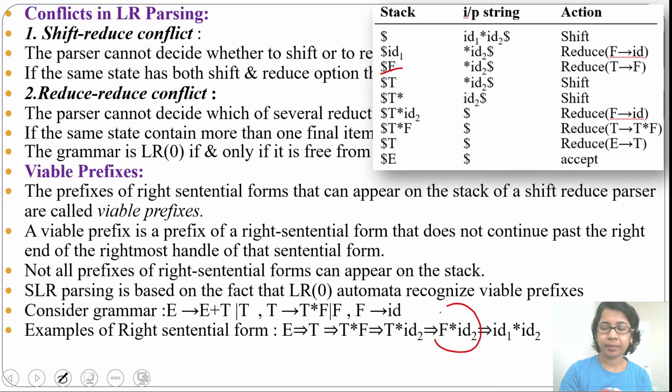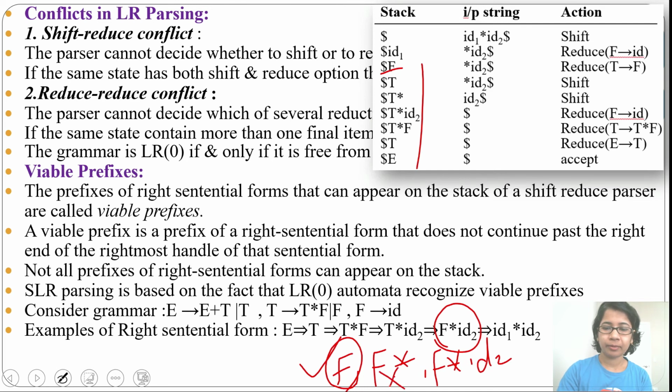From F multiplication ID2, F can be a prefix, F multiplication is a prefix, F multiplication ID2 is a prefix. But only F can be a viable prefix. F multiplication is not in the stack, so that is not a viable prefix. F multiplication ID2 is not in the stack, so that is not a viable prefix. Only F can be a viable prefix.